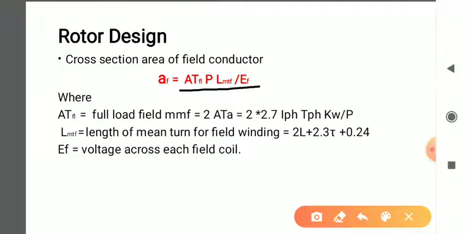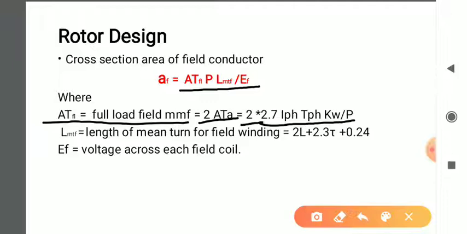In this expression, ATFL is called the full load field MMF, and this full load field MMF is normally equal to 2 into the MMF per pole, that is ATA. As we have already discussed, the armature MMF per pole ATA is 2.7 into IPH into TPH into kW divided by P. So 2 into ATA becomes 2 into 2.7 IPH TPH kW divided by P.